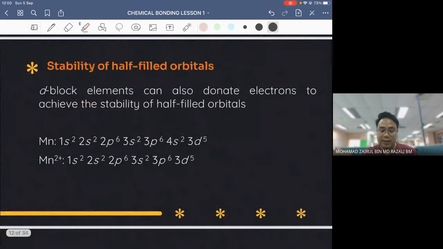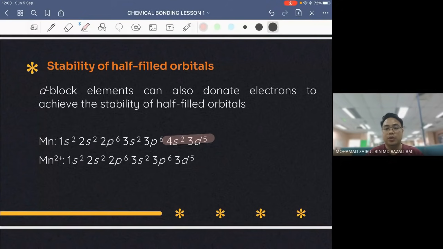Okay, and the last stability of electronic configuration of the ion that you're going to learn is the stability of half-filled orbital. Okay, this one also happen dekat D block element. Okay, D block element juga dia boleh donate dia punya electron in order to achieve stability of half-filled orbital. So for example manganese, okay, manganese the valence electron is 4s2 3d5.